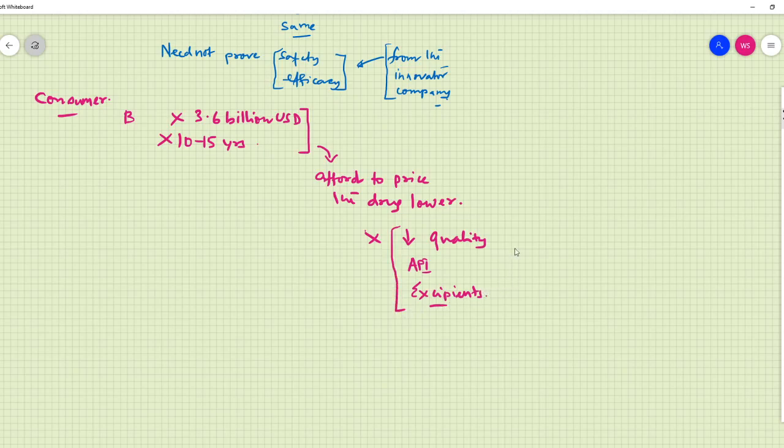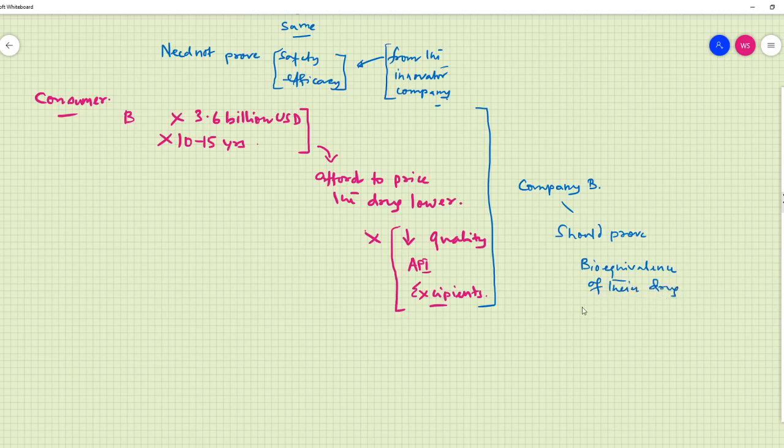So the generic drug will be different from the brand name drug maybe only in the excipients. So from the regulatory standpoint, company B should prove bioequivalence of their drug with that of the innovator.